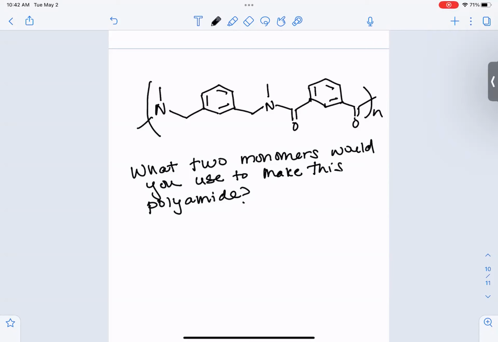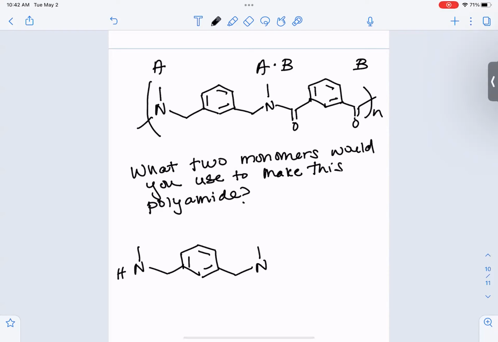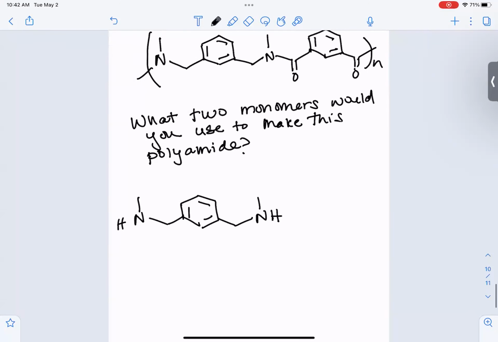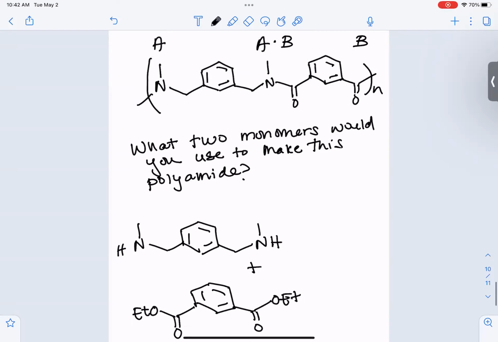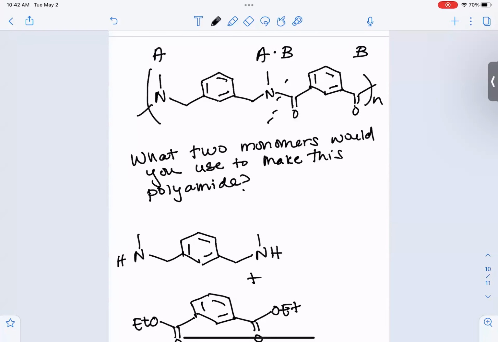All right, so you should see again, this is that A, B, B. So that would be one monomer. Now you could have done, I'm going to draw an ester, but if you would have made an acid chloride, that would have been okay as well. Does everybody see that?